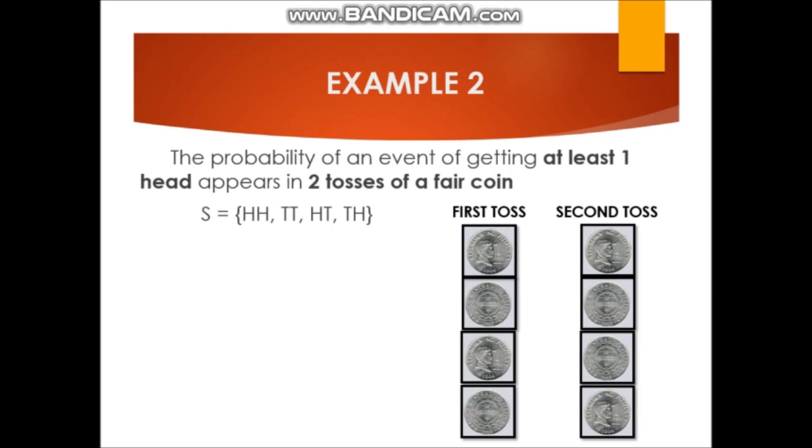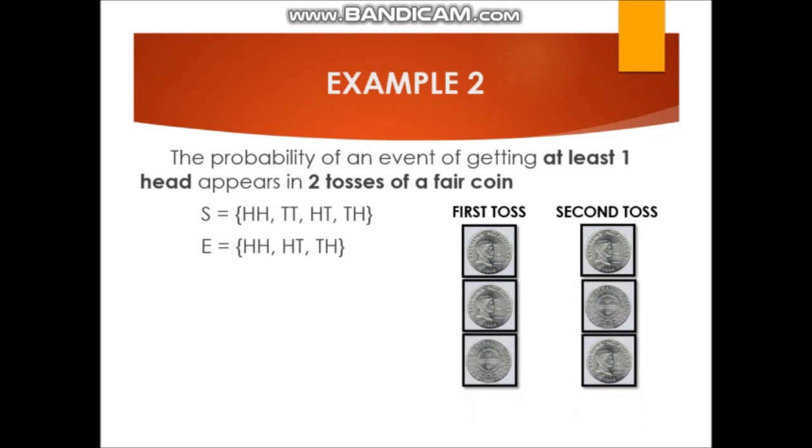So, meaning to say, kailangan natin alamin ano ba yung ating number of events. So, based on the result, we have here the three elements out of 4 sample space. So we have here head, head, head, tail, and tail, head, because these three elements has at least one head in two tosses of a fair coin.